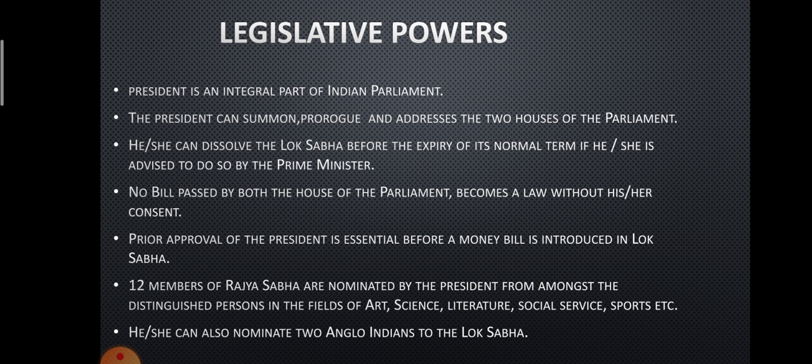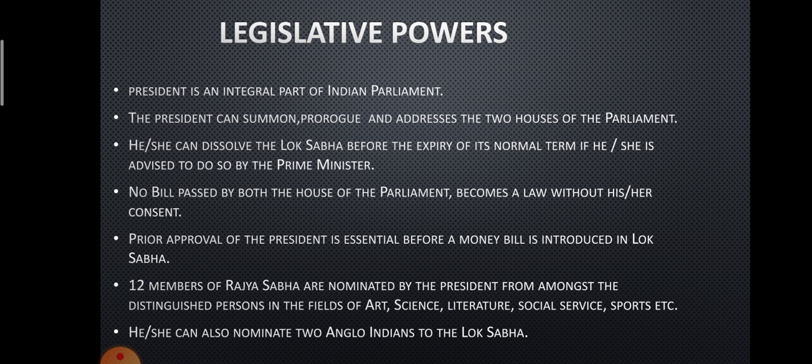The rest, 12 members, are nominated by the President from distinguished fields like art, science, literature, social service, sports, etc. You have heard that some film actors and sports persons, like Jaya Bachchan and Sachin Tendulkar, are members of the Rajya Sabha because they are nominated by the President. They are not elected, they are nominated.